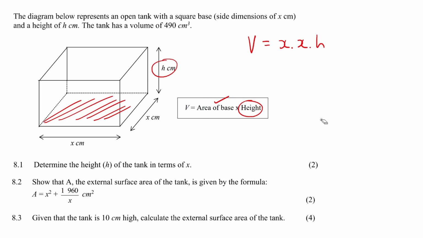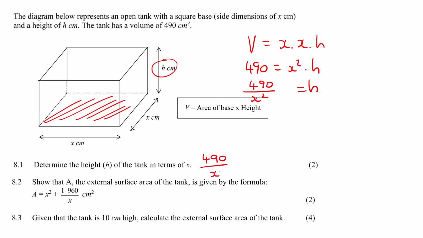Okay, so that's the formula for the volume for the shape. So we're going to fill in 490. We're then going to get this as x squared, and this is h. So it says find the height in terms of x. Okay, so get this by itself. So the way that you'd get that by itself is you divide by x squared, and there's the answer. So we have 490 over x squared.